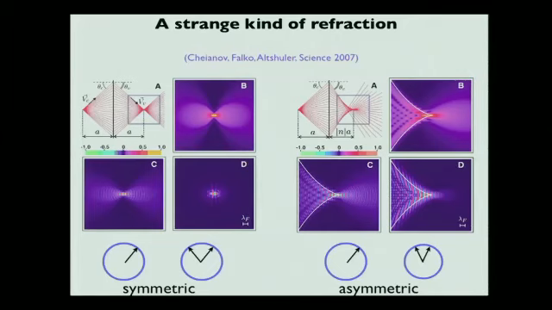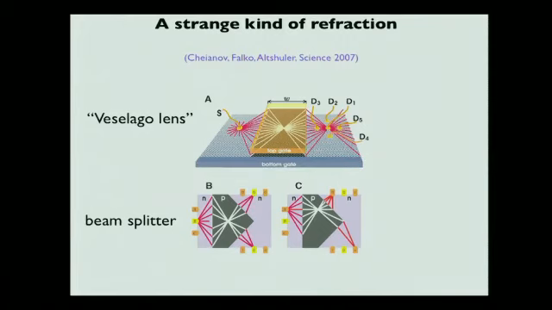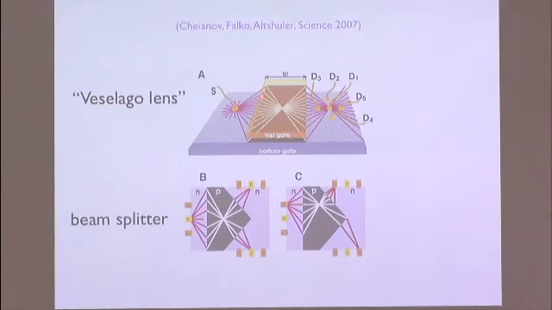Okay, so this is the work where this was proposed, and what you see here is actually a situation where you have this region of different potential where you get this focus.